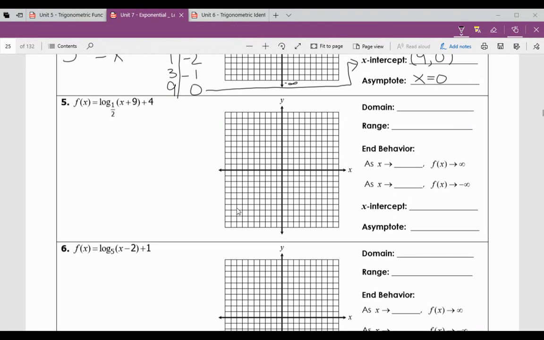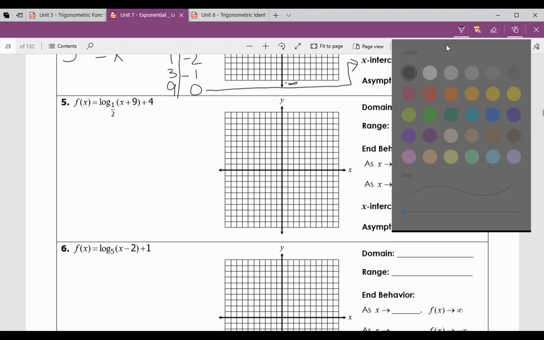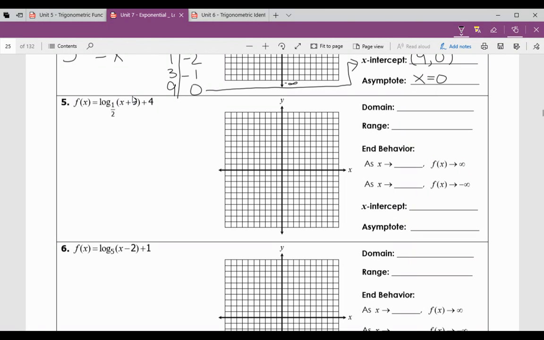So on 5 or 6, we have to do both. We have a group and then we have that exterior number. So remember, we're going to take the group, and that's what's going to change our domain. So x plus 9 greater than 0.